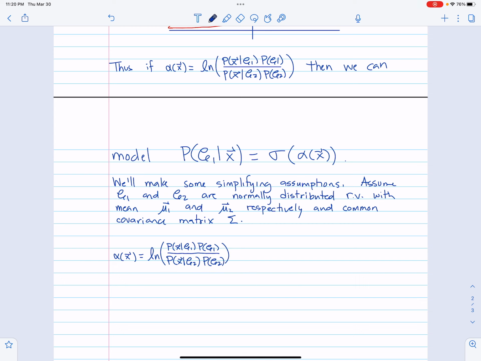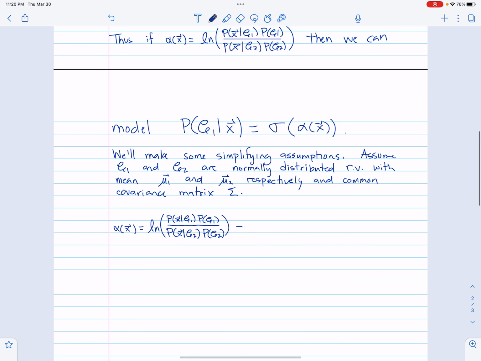Okay, and if we write out what each of these is, remember we're going to assume that this prior probability is, so the probability of being in class 1 is q, so that term is q.